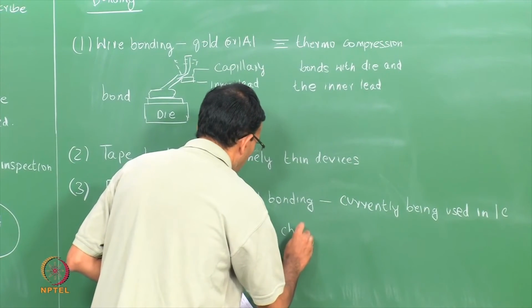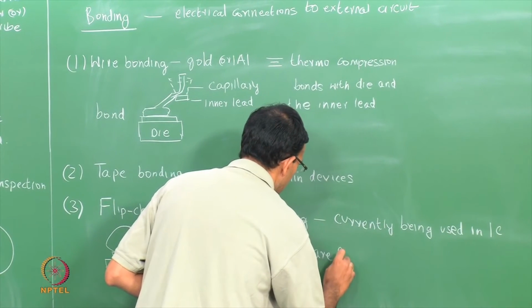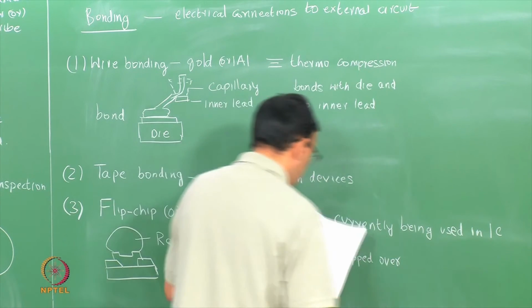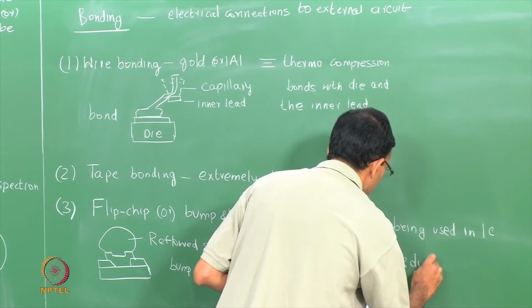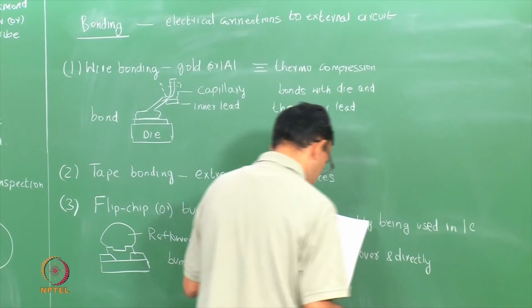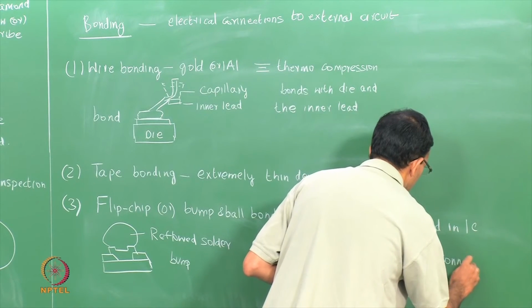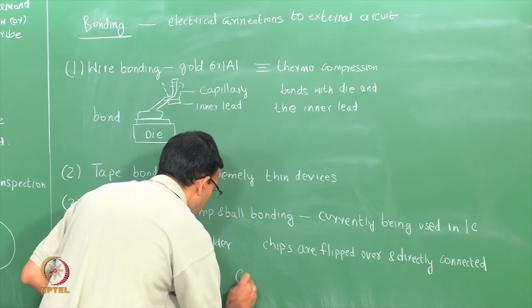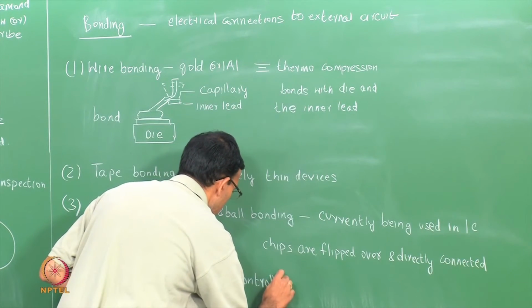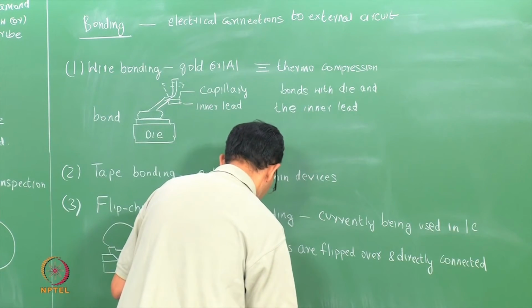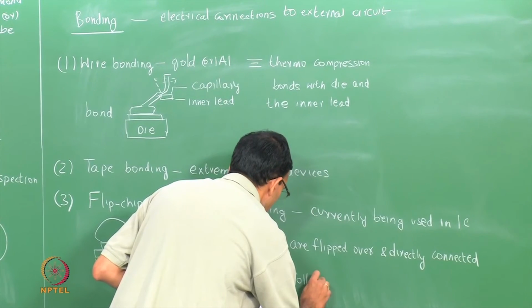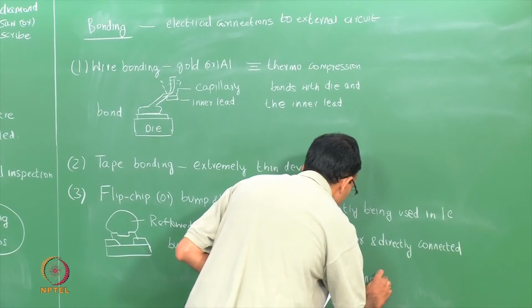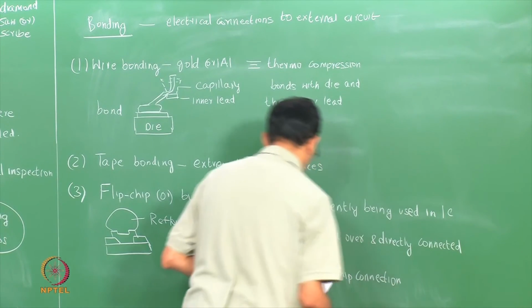So, the chips are flipped over and directly connected to the die. Another name for this process is the controlled collapse chip connection, or C4.